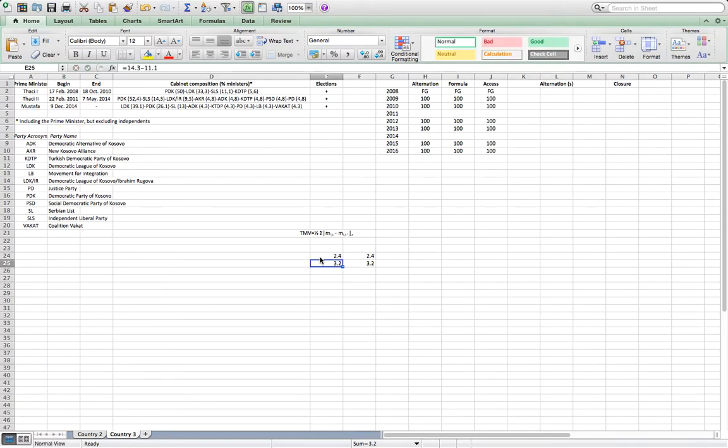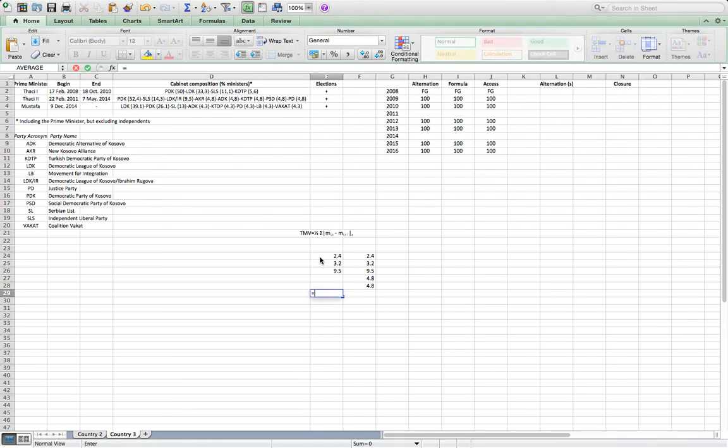The next party, LDK-IR, the Democratic League of Kosovo, Ibrahim Rugova, was not in the previous government, so it will be 9.5 minus 0, so 9.5 clearly. AKR was not, so it will be minus 0. ADK was not in the previous government, but KDTP, the Turkish Democratic Party of Kosovo, was.